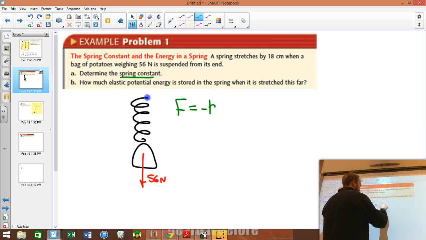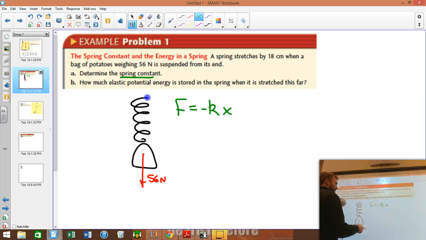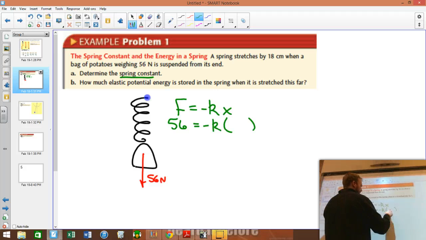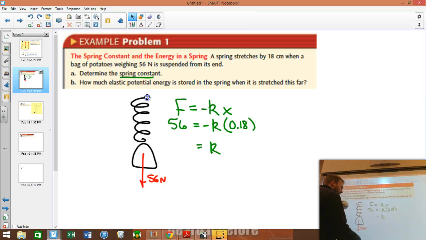F equals negative KX. So the force I'm applying to this thing is 56 newtons. I'm looking for the spring constant, and the distance that we're stretching it is 18 centimeters, or 0.18 meters. So to figure out my spring constant, now this negative just represents that it's a restoring force. So the negative really doesn't make any difference inside of here.